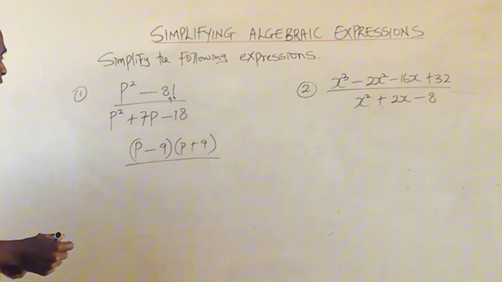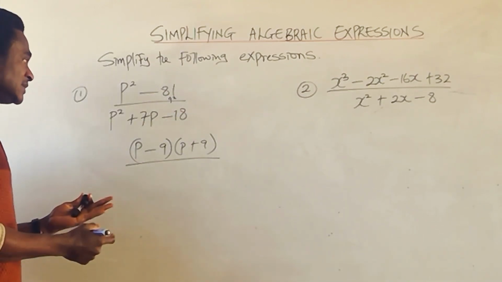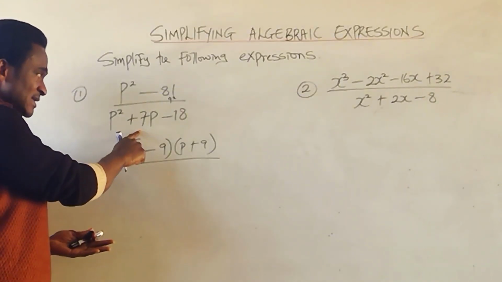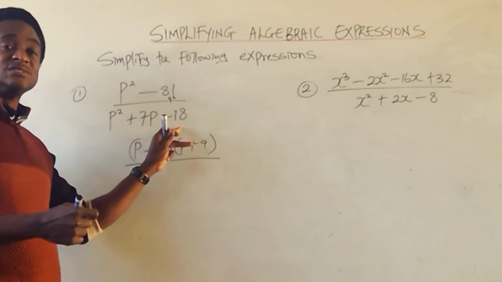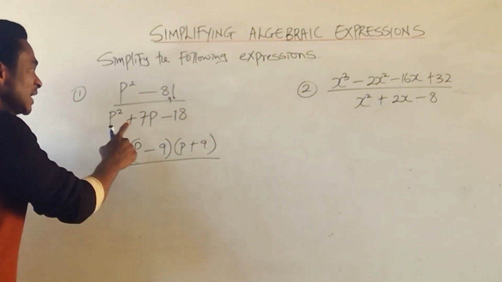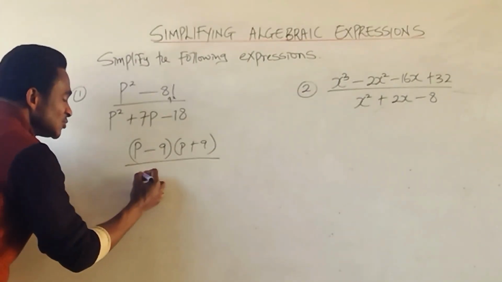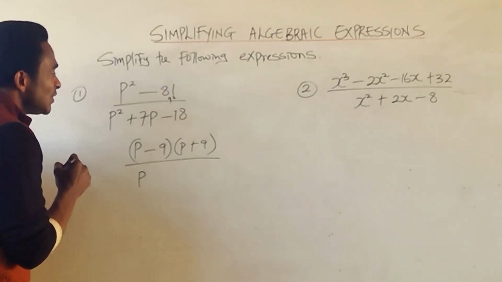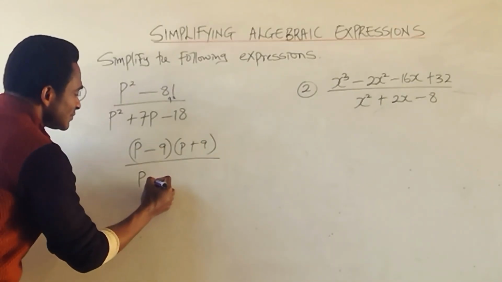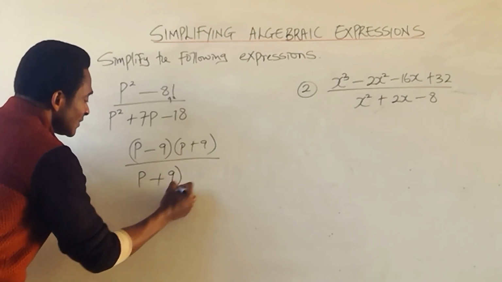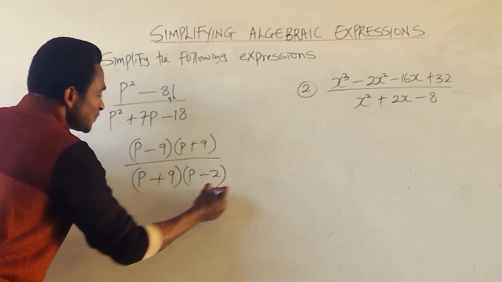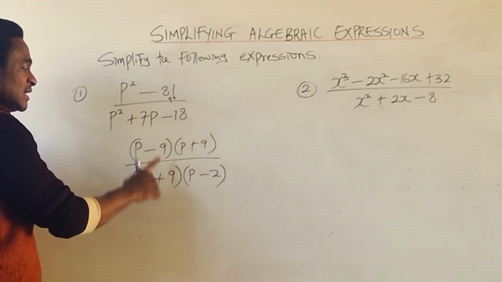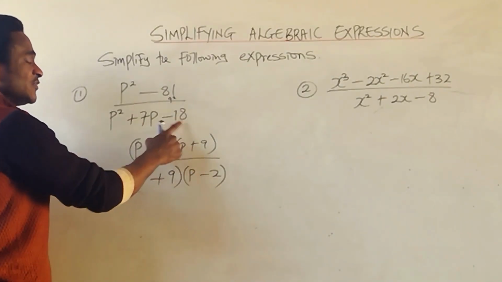So let's see. What two numbers can we add to give us 7, and multiply to give us negative 18? So we look at 9. Positive 9, and we have minus 2. 9 minus 2 will give us 7. 9 times negative 2 will give us negative 18.